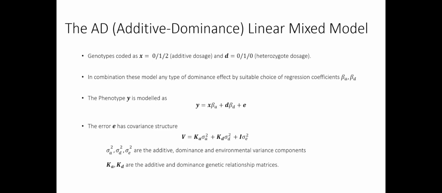And then you can model any of these different types of dominance by a linear model of this form, X times some regression coefficient beta A plus D times the regression coefficient beta D. So you just choose beta A and beta D appropriately. And the error term we model as a combination of both the additive and the dominant kinship matrices, which are computed from these additive and dominant dosages. So this is all pretty standard. I'm not going to go into details.